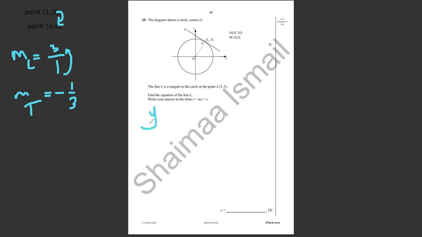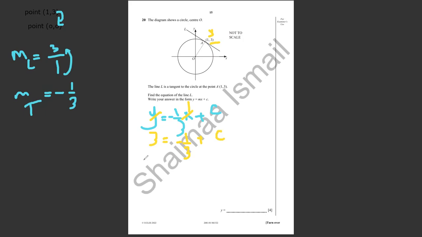So you can say y now equals negative 1 over 3 x plus c. It's time to get c: take y and put instead of it 3, and take x and put instead of it 1. So now 3 equals negative 1 over 3 plus c.